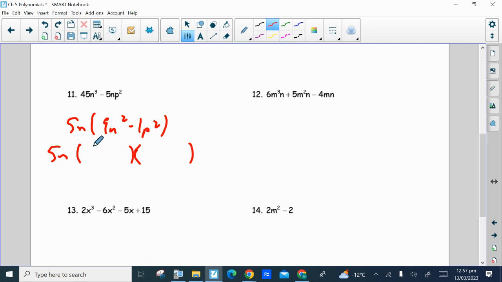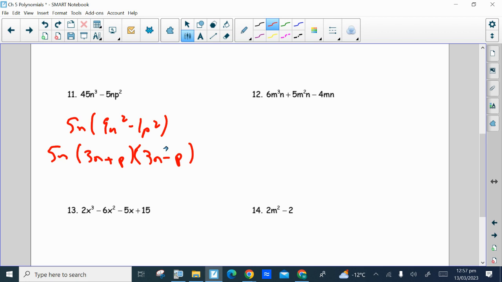The square root of 9n squared is 3n. So that goes in the first position of each binomial. The square root of 1p squared is p. That goes in the second spot of each binomial. One's a plus, one's a minus. There's your factors. And you can always check by multiplying out if you're not sure. Remember that.